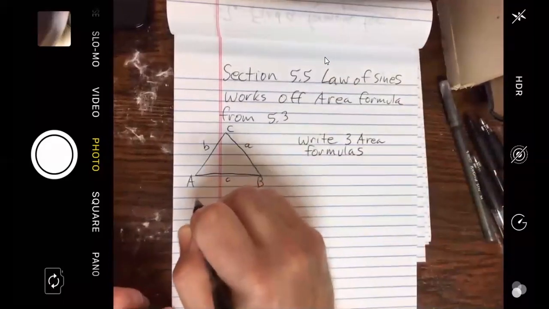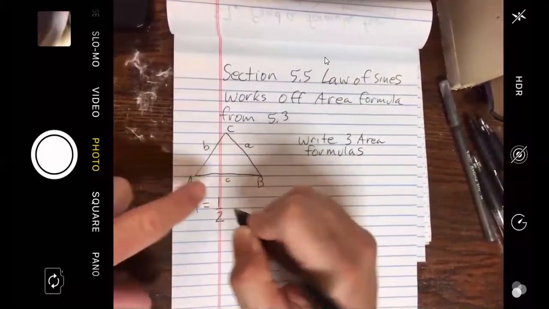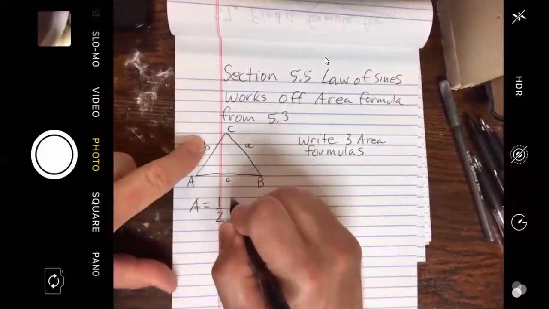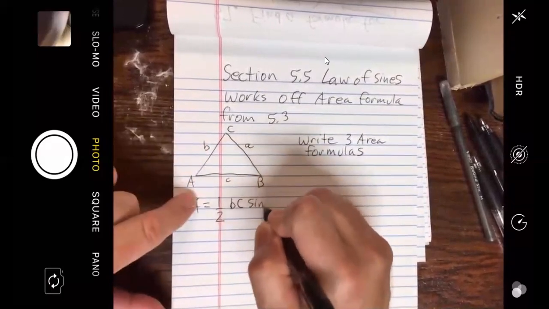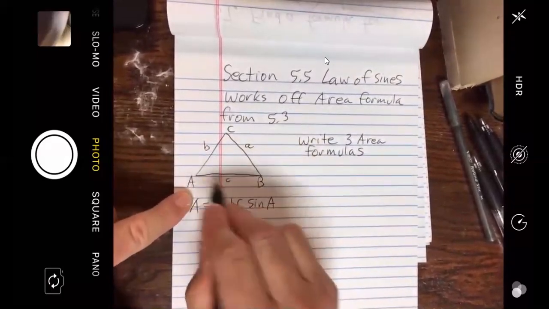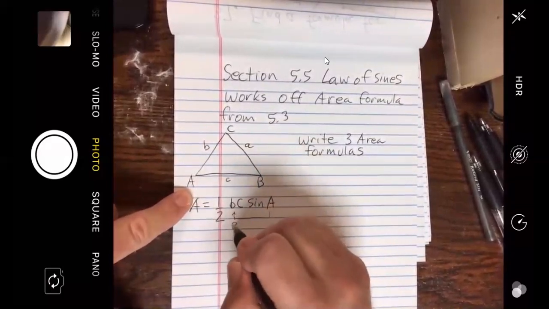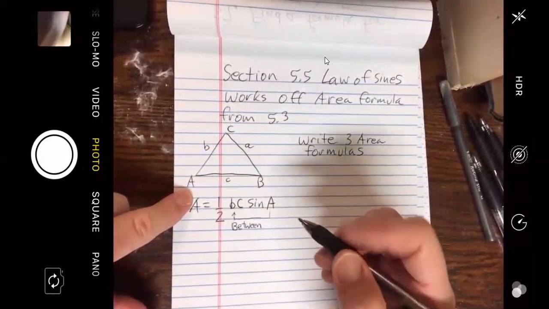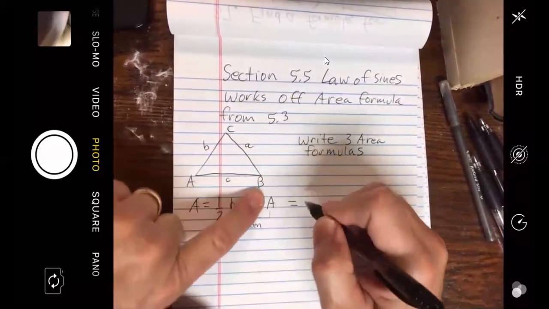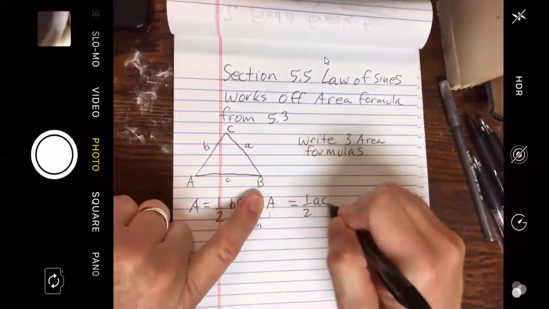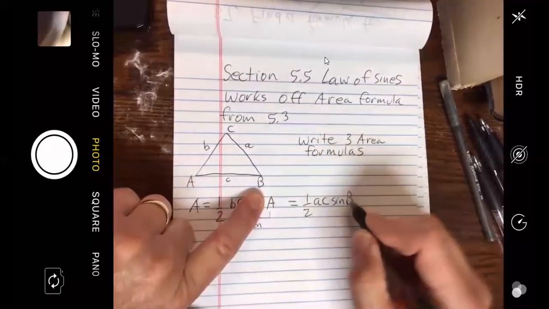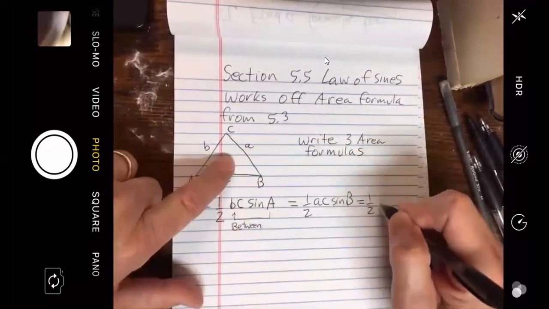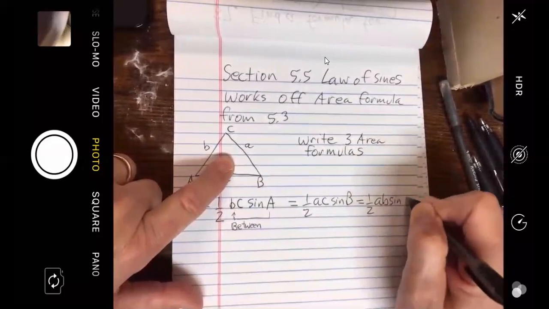Area you can write as 1/2 B and C, any two sides, let's say B and C, sine of angle A. Angle A is between B and C. So the point being, that angle is between. You can also write it, if I work on angle B, 1/2 AC sine of angle B between A and C, and 1/2 AB sine of angle C.